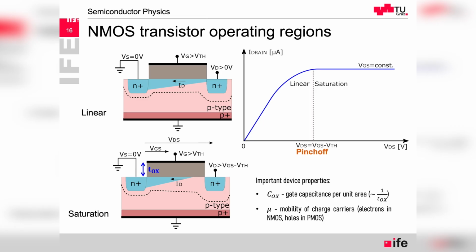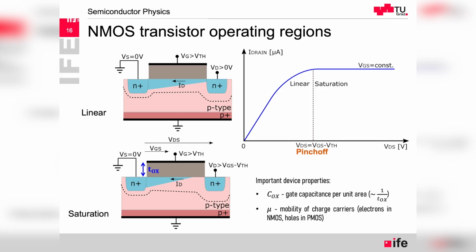But because everything is surrounded, symbolically shown with the dotted line, by the depletion region, because we have reverse biased diodes, source-bulk and drain-bulk, there is a depletion region. There is no charge in this area, except for the inversion charge under the gate.